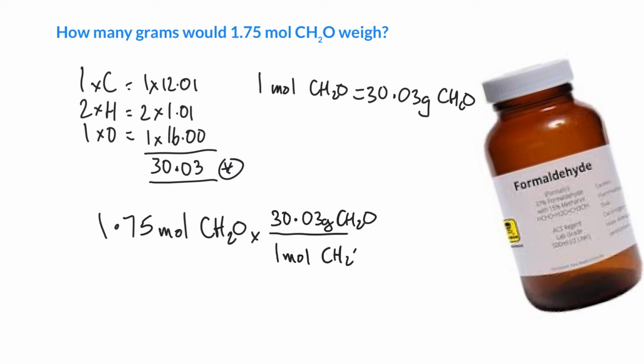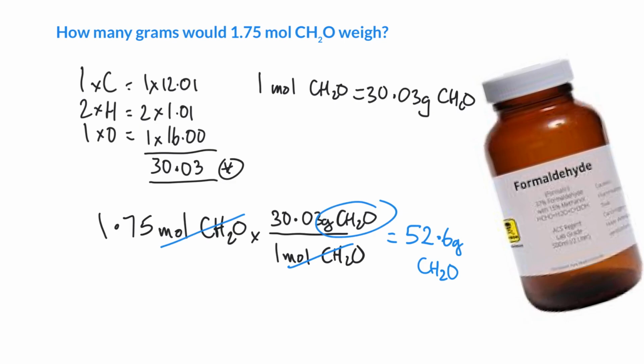If we do it this way, the moles cancel out, and we are left with grams. If we calculate this, we get 52.55. With rounding, that would be 52.6 grams of lovely, delicious formaldehyde. And that would be equivalent to 1.75 moles.